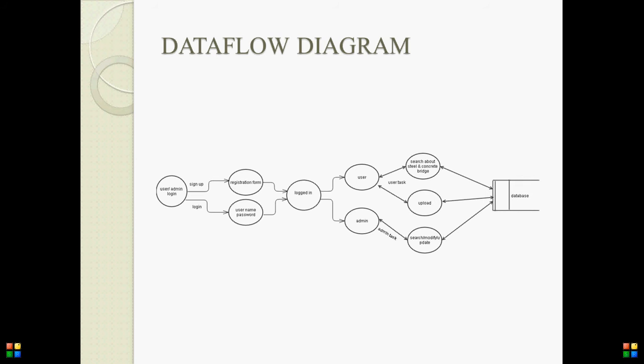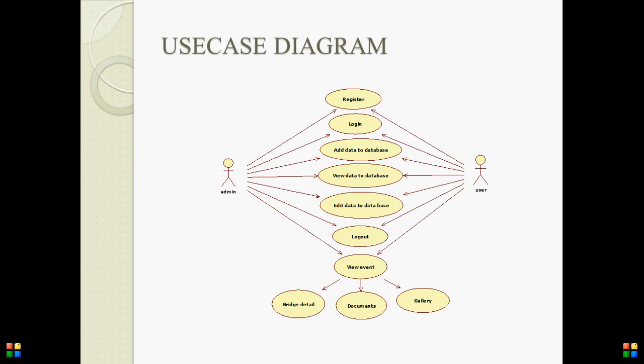Data flow diagram. The data flow diagram contains user and admin. The user and admin must fill the registration form and then get the user ID and login password. The user ID and login are used by the admin to log in to the form, get the bridge details, documents, galleries, and also add and view data in the database.